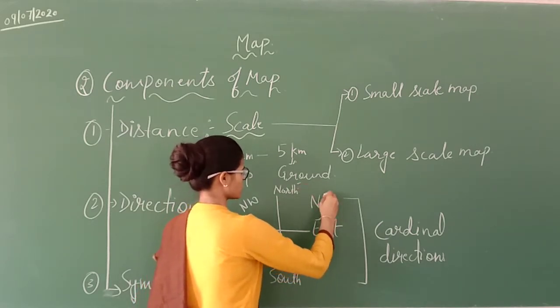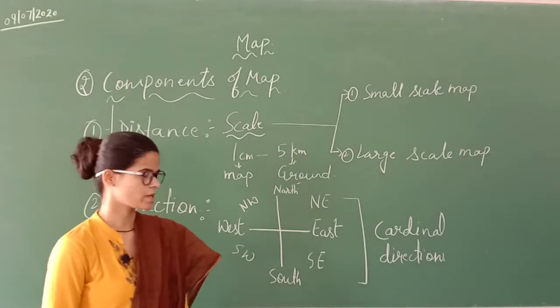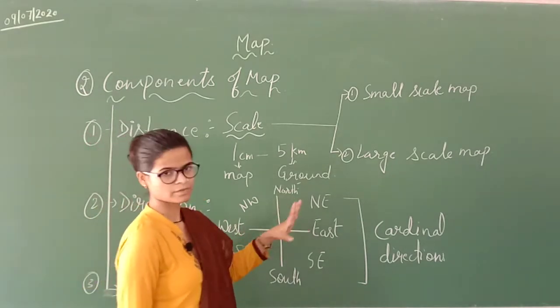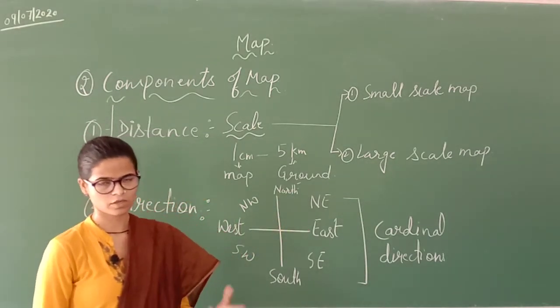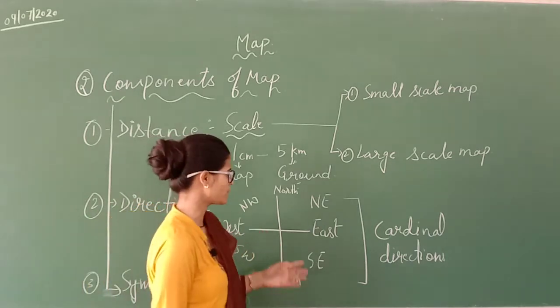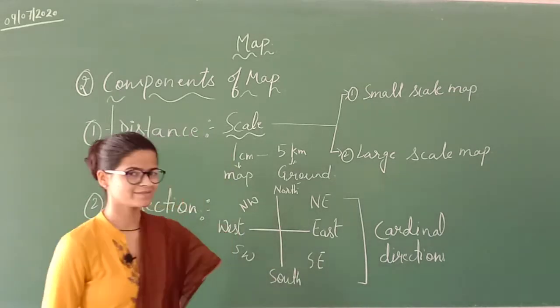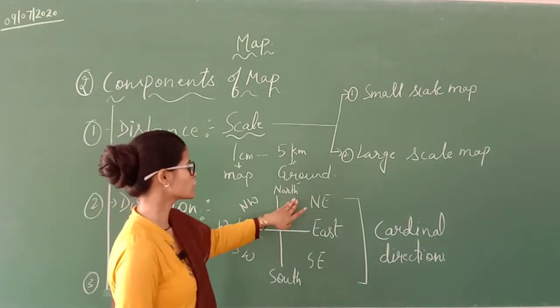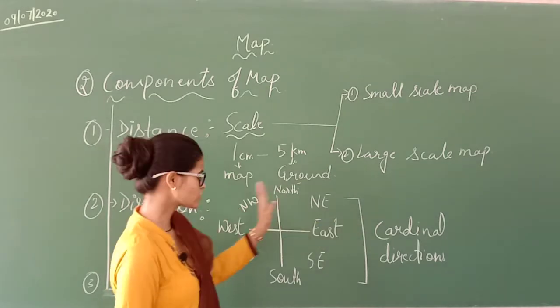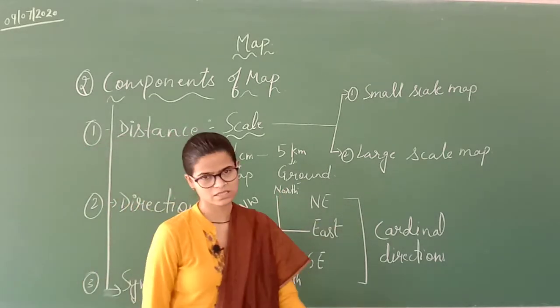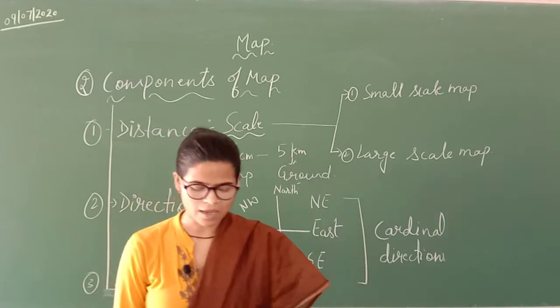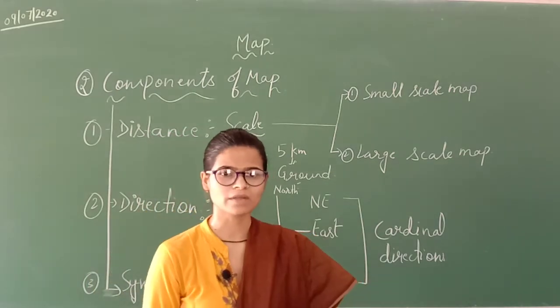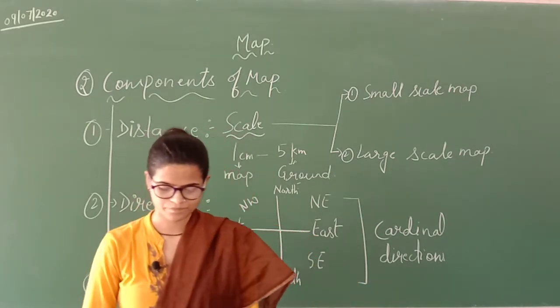We generally say that the alluvial soil, you know about the alluvial soil, extends from north to east, that means northeast. So this is how we use these directions on a map.